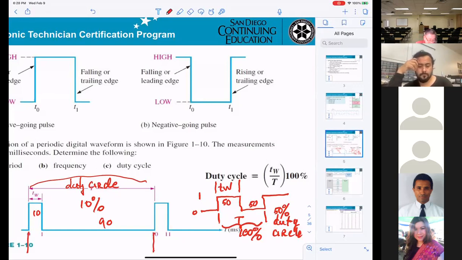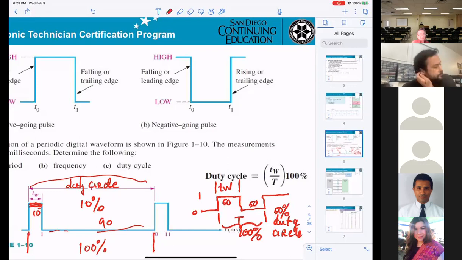Right. And that only gets a 10, and the rest here have to be 90. Okay, so where you wrote that 10% up top, what is that? They're telling you the width of this one here. Oh, you were referring to that one. Okay. Right. You have to know the TW.